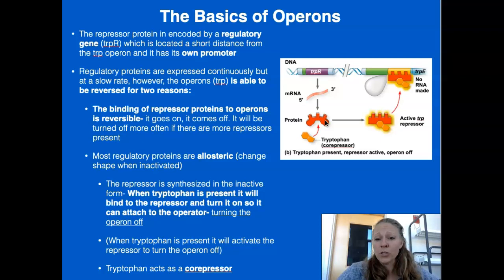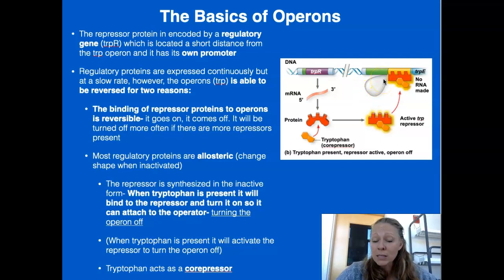And in order for it to work, and this should make a lot of sense, tryptophan is the co-repressor. So when tryptophan is present, we can see in this picture, it's going to bind to the protein. That's going to turn the repressor on. It's going to change its shape. Oftentimes these repressor proteins are allosteric. And when its shape is changed, it's going to attach on and block the RNA polymerase.